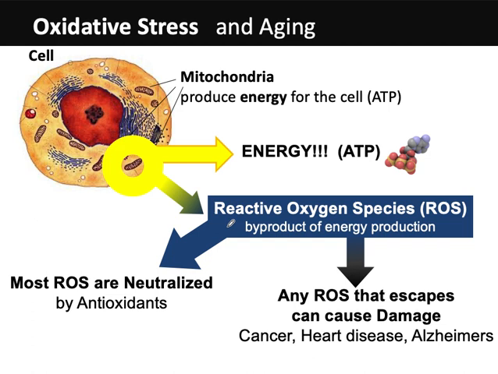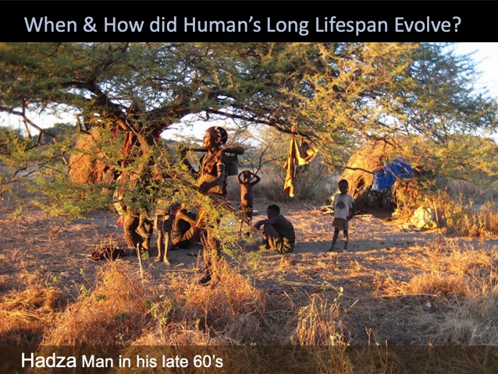Okay, so when and how did the long lifespan of humans evolve? Here's an image of a man from a group called the Hadza, which is a more traditional human group. This man is in his late 60s.